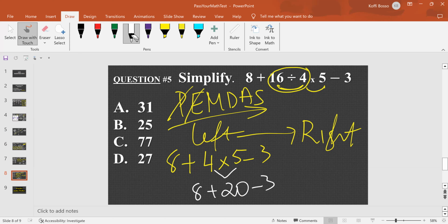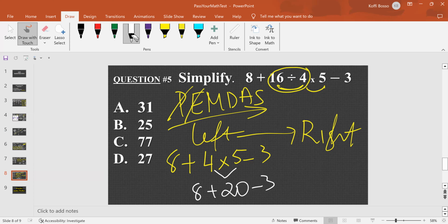So we have an addition and a subtraction left. Again, we read from left to right to see which operation comes first, because addition and subtraction work like multiplication and division. They are on the same level.